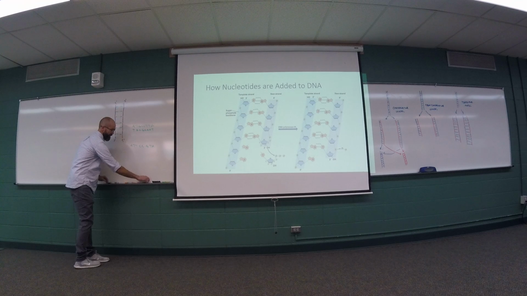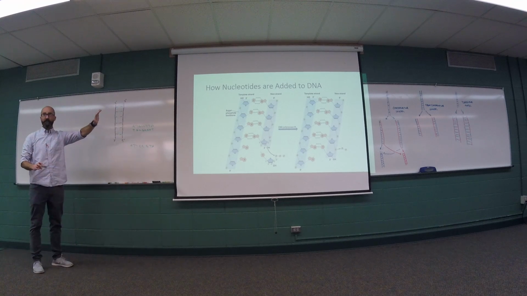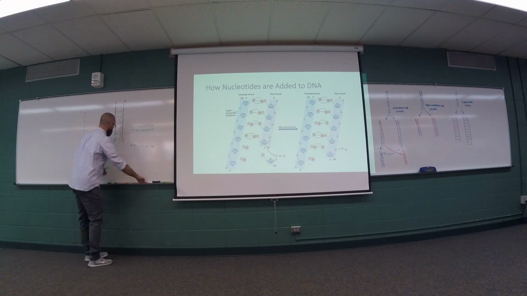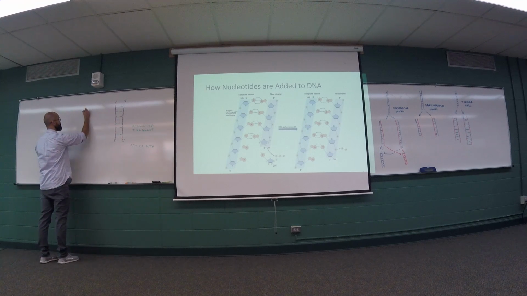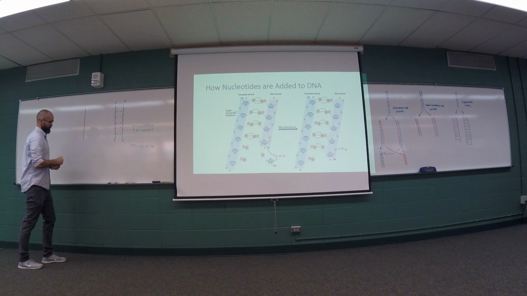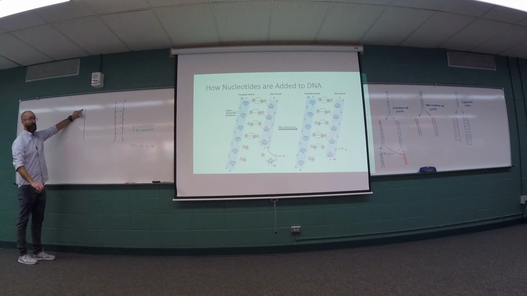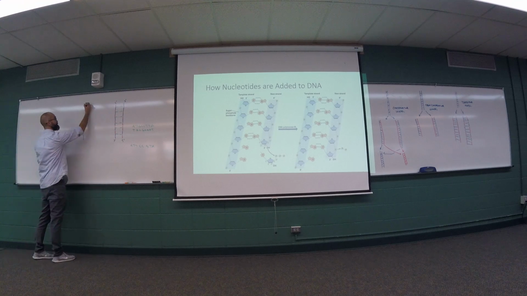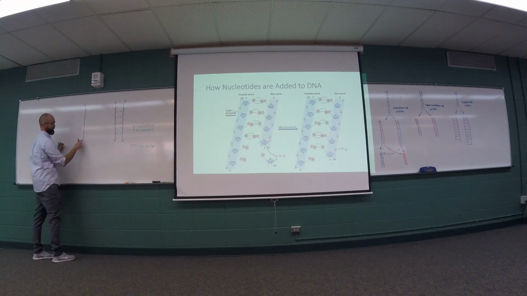So let's say that we have some DNA replication going on, and the molecule looks like this. We know that because this is the sugar up on the top, that's the 3' side, and down here it's a phosphate, so that's the 5' side, right?